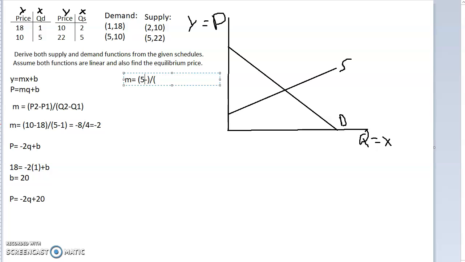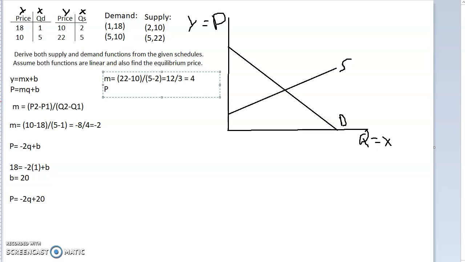See, I made a mistake too. 5 minus 2 is the denominator, so I want to go with the prices. 22 minus 10 over 5 minus 2. That's much better. Okay, let's go over here. Equals 12 over 3, which is a way of saying 4.